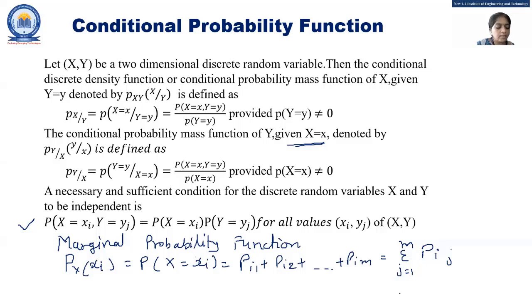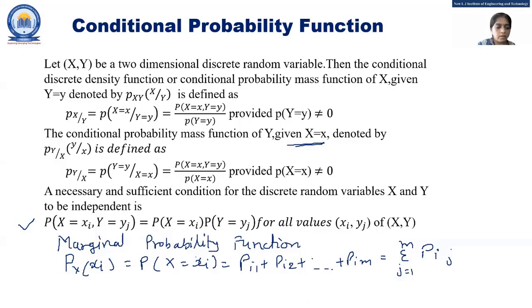It is known as the marginal probability mass function or discrete marginal density function of x.